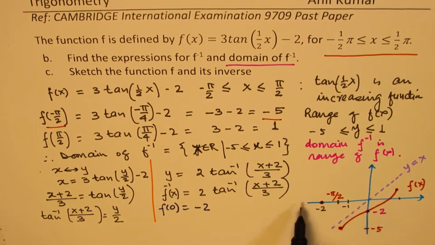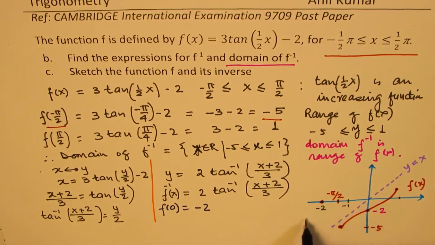So on the inverse, it will be at minus 5, minus pi by 2. So let's say this point here is minus 5, minus pi by 2. Is it okay? We're just assuming this to be that point, correct? So this will be the reflection of that on this line, right?